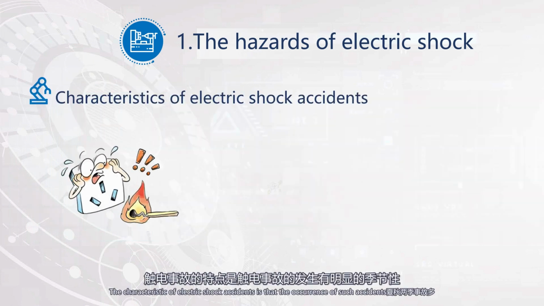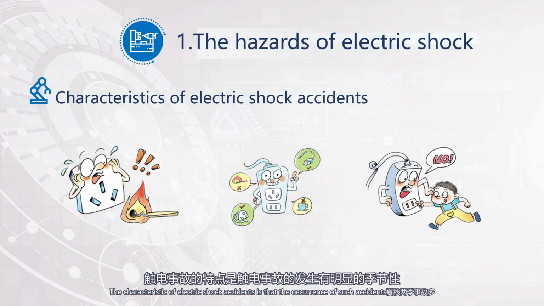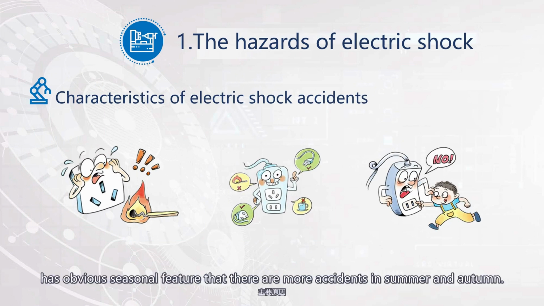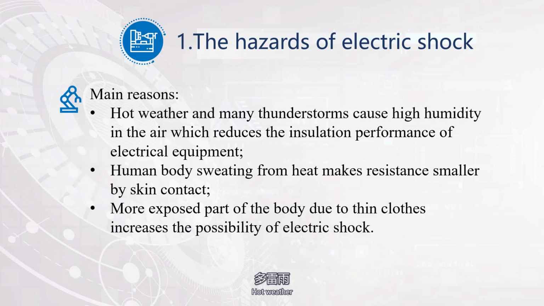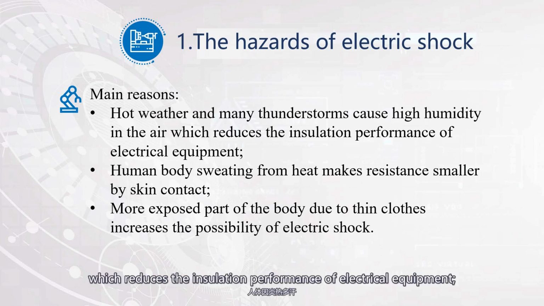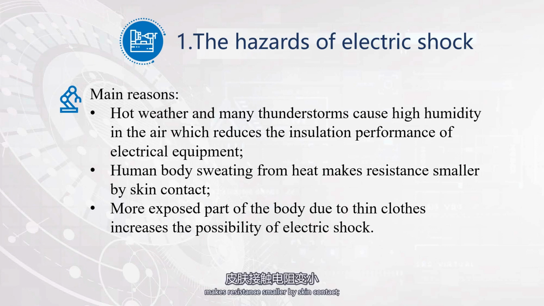The characteristic of electric shock accidents is that they have an obvious seasonal feature: there are more accidents in summer and autumn. Main reasons: hot weather and many thunderstorms cause high humidity in the air, which reduces the insulation performance of electrical equipment. Human body sweating from heat makes resistance smaller by skin contact.